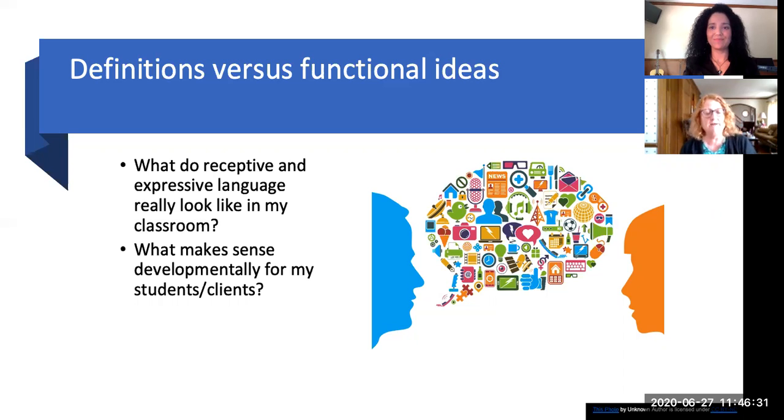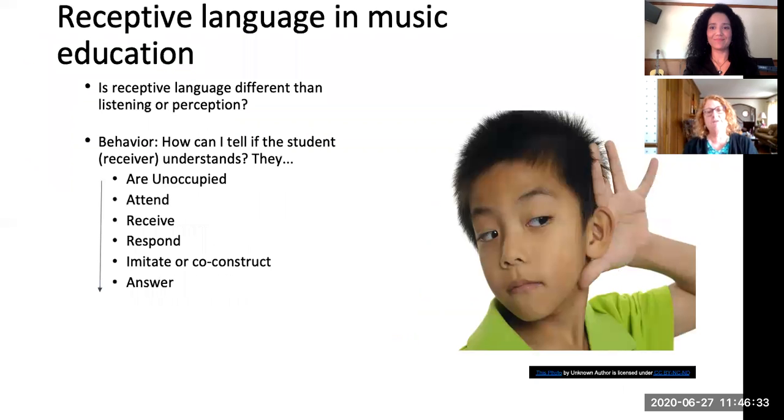In the next slide, we talk about receptive language in music education. Is receptive language different than listening or perception? The American Speech and Hearing Association says that receptive language is the ability to understand both nonverbal and verbal language, and this includes understanding the meaning of words, concepts, questions, and figurative language.